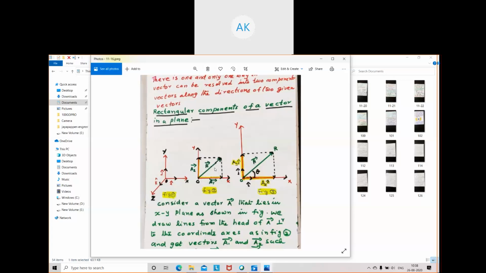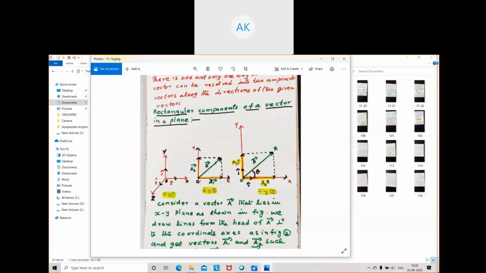Next step: from the tail of the vector, O, you draw 2 mutually perpendicular axes, the x-axis and the y-axis. Nothing difficult, very easy.